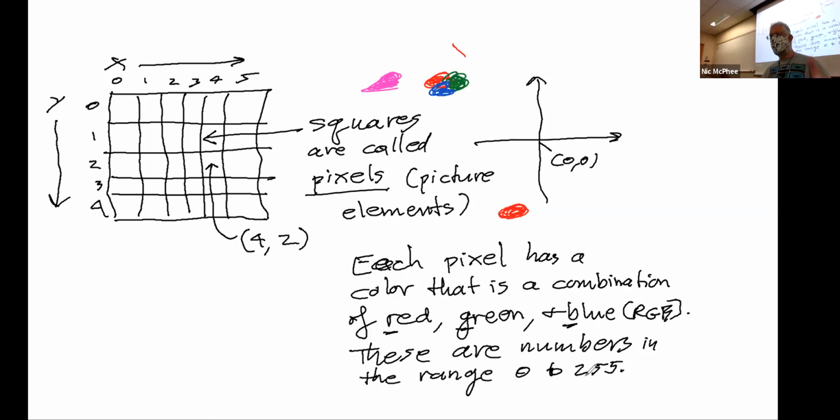A picture is a grid of squares. Every square has a color that's a combination of red, green, and blue. Oh, and 0 is like none of that color, and 255 is like full-on go team that color.